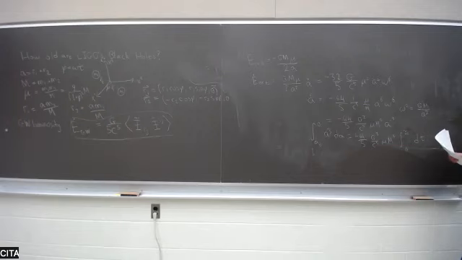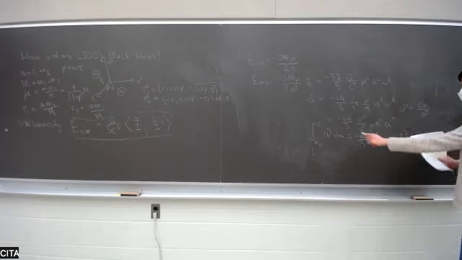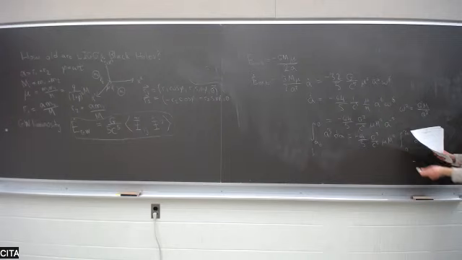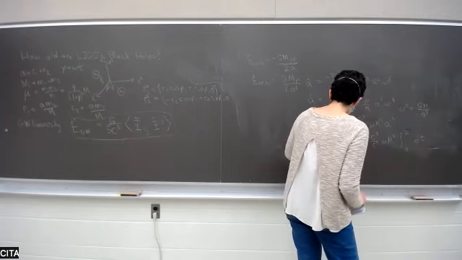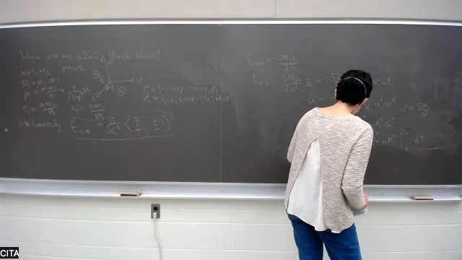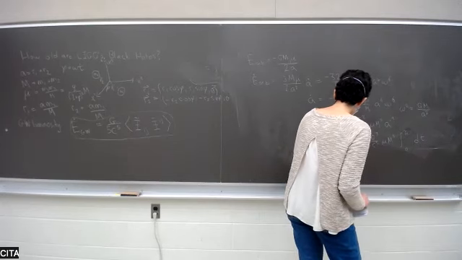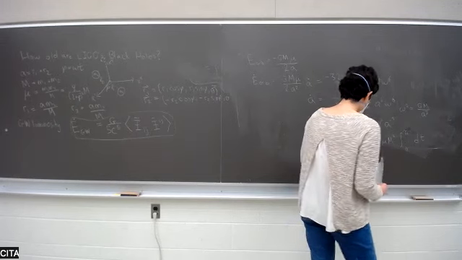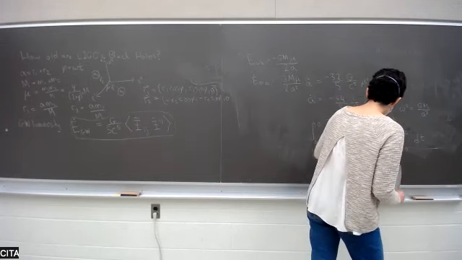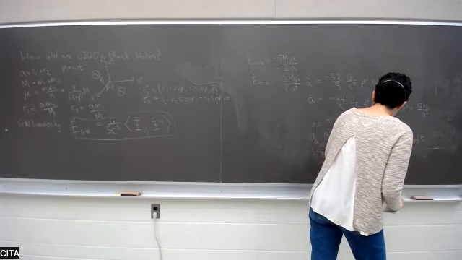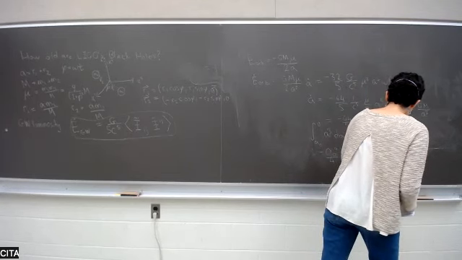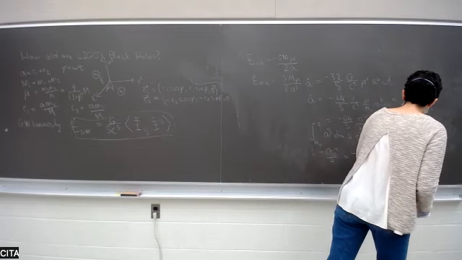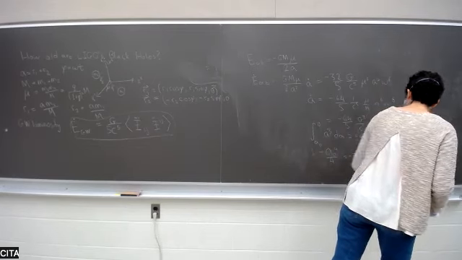And now if I just do this integral, this will give me negative A naught to the 4th over 4 equal to the integral.